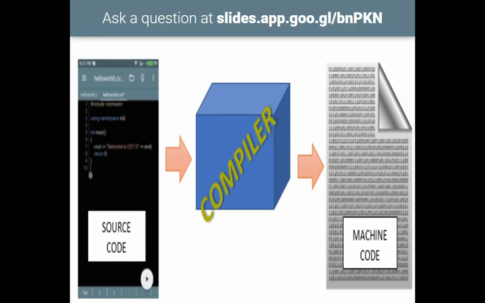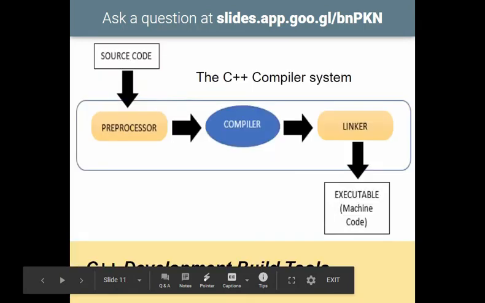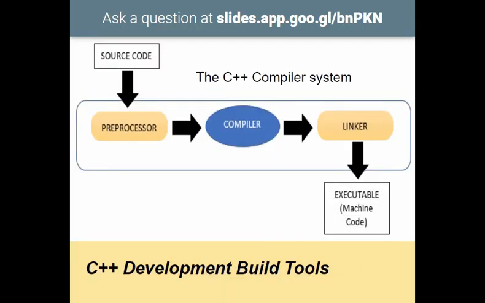Okay. Actually, in C++, if we're going back to our previous slide, the preprocessor directives give instructions to the compiler to preprocess the information before the actual compilation starts.